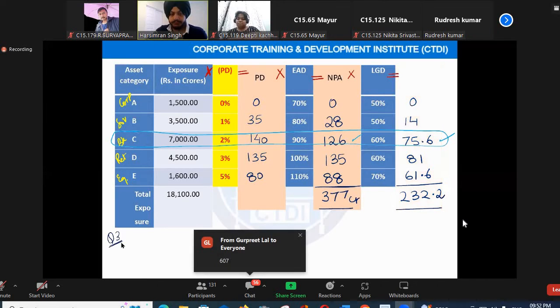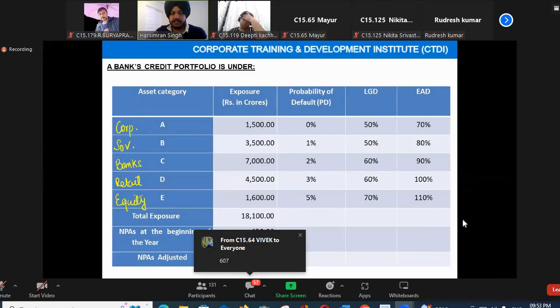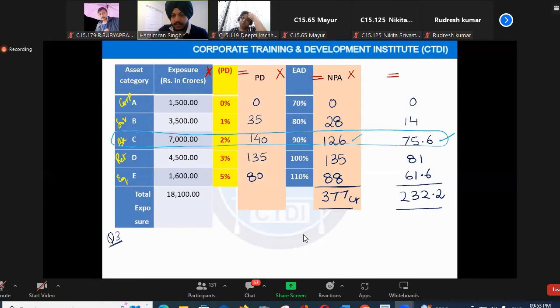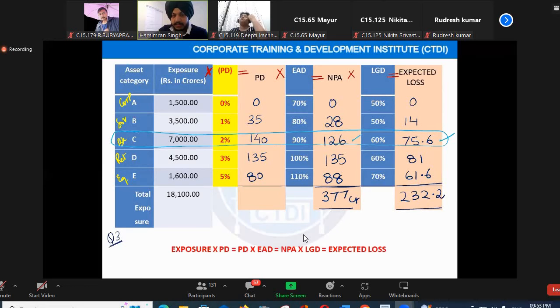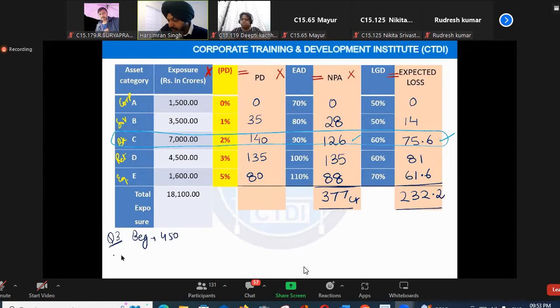In the question, the level of NPA at the beginning of the year is 450. NPA adjusted was 220. So at the beginning the level was 450. Then 220 were adjusted.